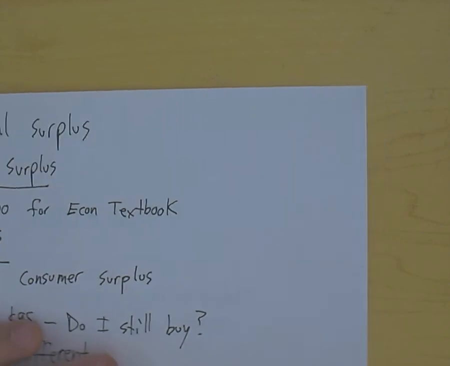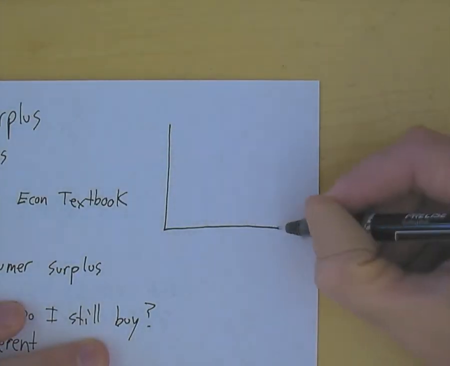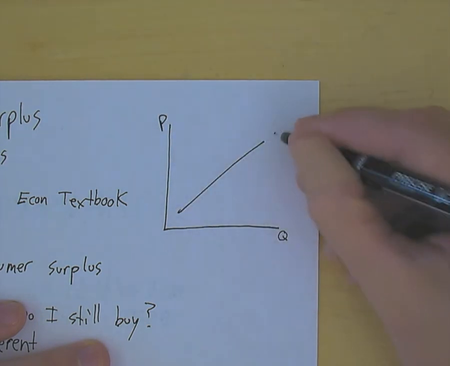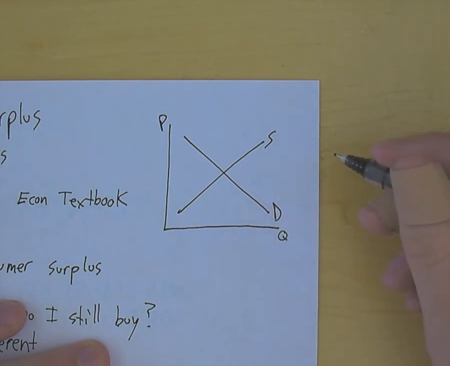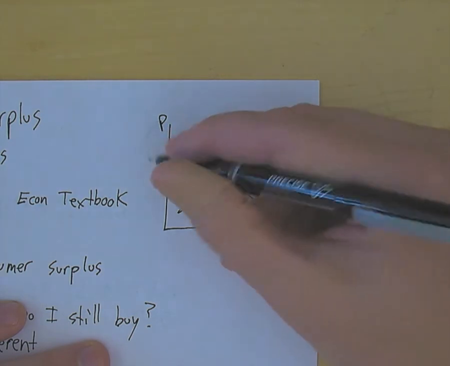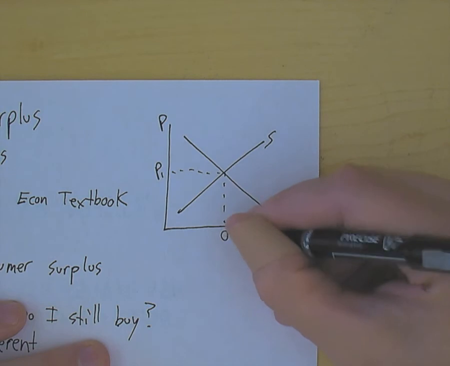Where do we find consumer surplus? And for this, I'm going to show you on a graph. Label as usual, price and quantity, upward sloping supply curve, downward sloping demand curve. So the consumer surplus, and let's say that we're at equilibrium, just to make it nice, we'll call this P1, Q1.